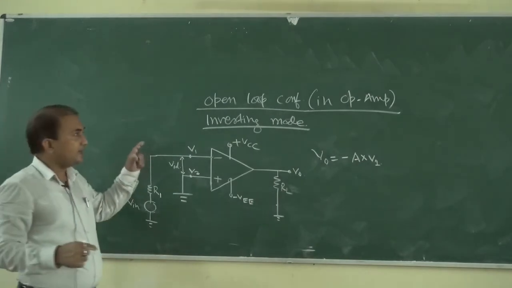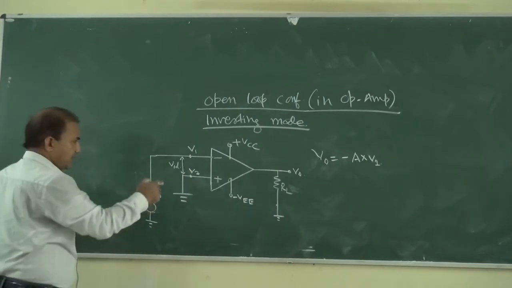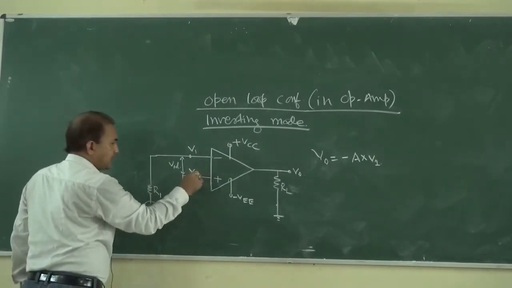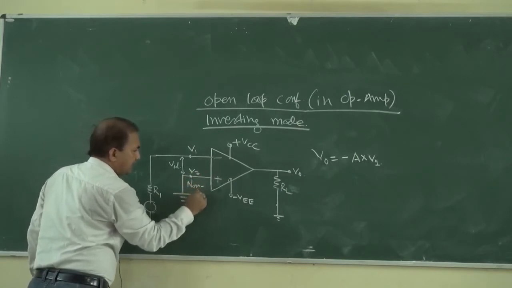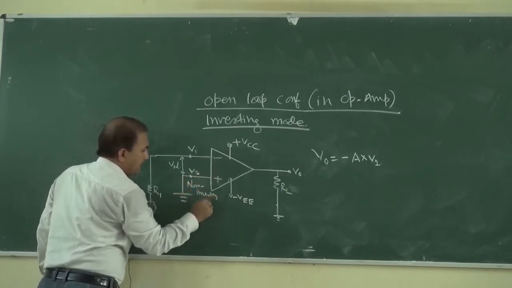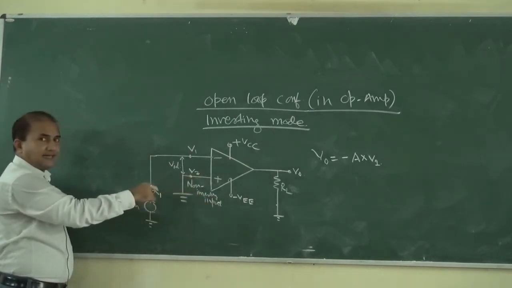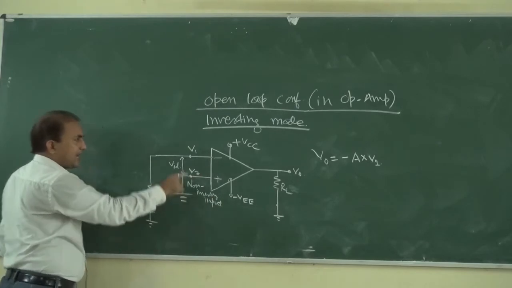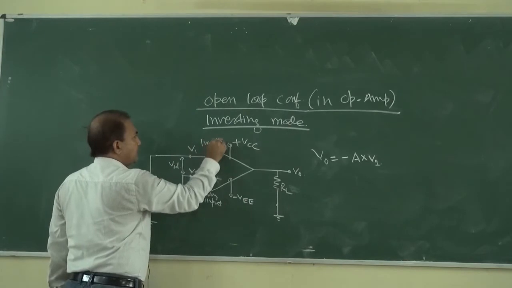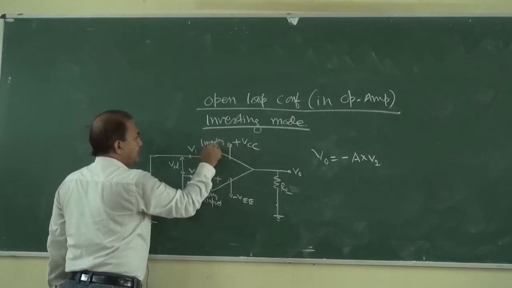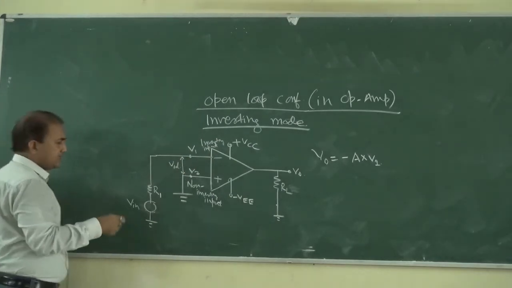Okay, so in case of open loop inverting mode, the non-inverting input terminal is connected to ground, and the inverting input terminal is connected to some input voltage.